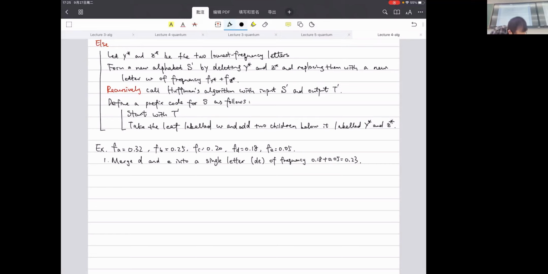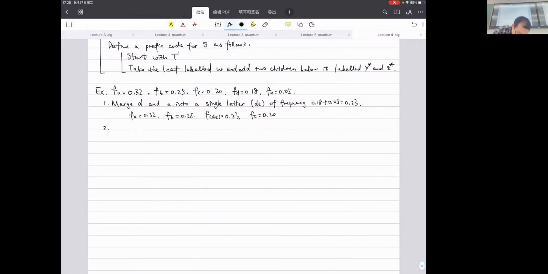The new alphabet is F_A, F_B, F_C as before. But we notice that F_DE is 0.23, which is larger than F_C, so for our convenience, let's reorder. This is the first step of running Huffman's algorithm.